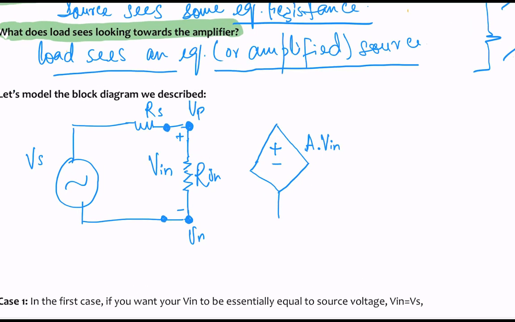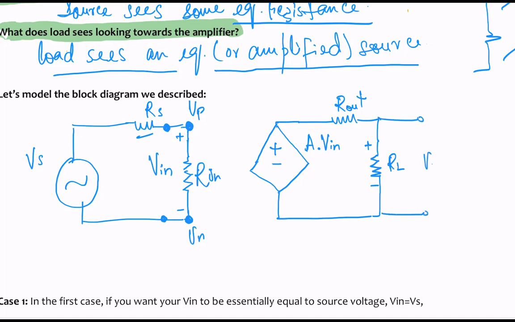Whenever we model a practical source, it goes through some resistance, just like you had over here. I'm going to label this resistance as Rout, and then this is connected to your resistive load right here. The voltage across this resistive load will be labeled as VL.